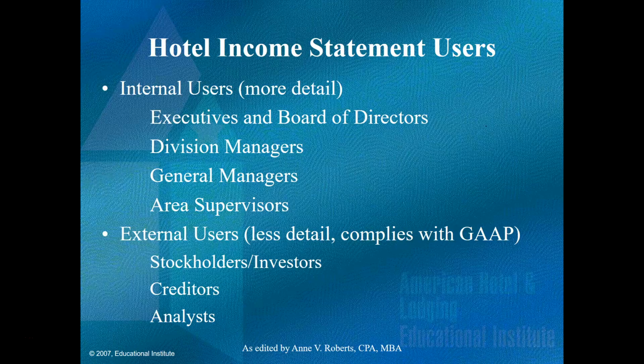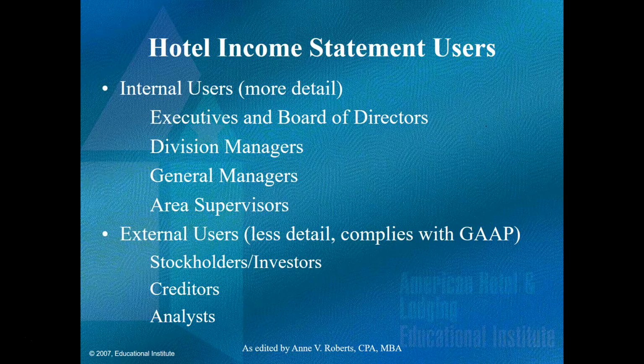When we've got external users, we're looking at a whole lot less detail. We're only trying to provide them with the overall company information. They don't get any of the details from any of the divisions. One other big thing about an external user income statement is it has to comply with GAAP.